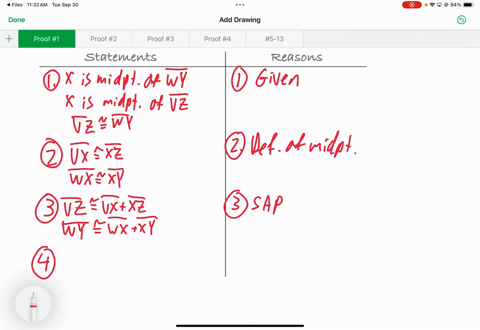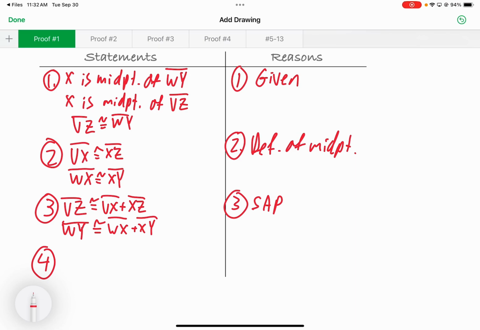I don't know how to say this. Do you want to write it? Since VX is equal to XZ, and WX is equal to XY, you just substitute all those. That's what I meant to say. Or is that wrong? Can't do that just yet. But we're going to at some point.